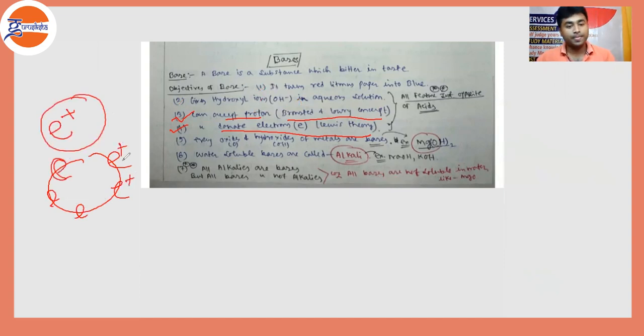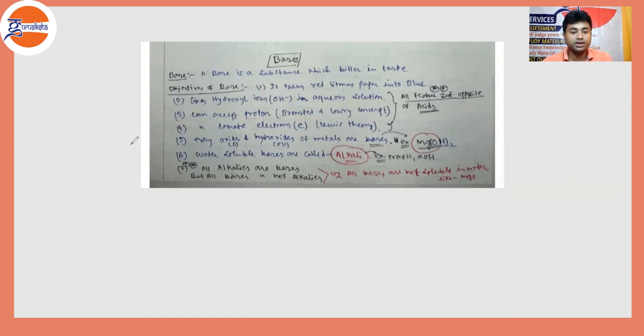Definitely it is plus, because it donates the electron. The proton and neutron are given in such a structure which are acceptable in nature, and the electrons are donated or released from a base. Okay, so those are the objectives.